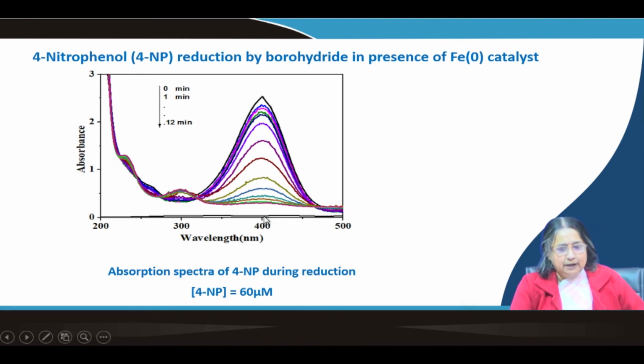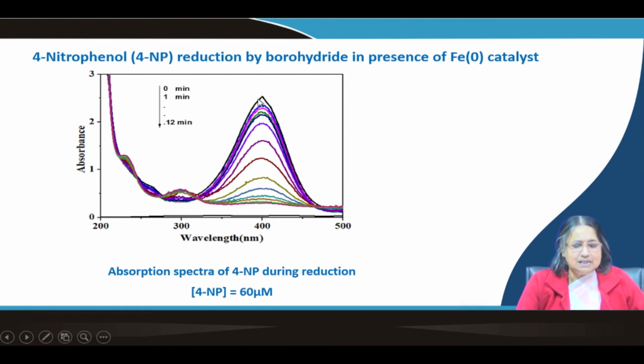Now, you see here nitrophenolate is reduced to aminophenolate. Aminophenolate has no such absorption here, but the aminophenolate absorption occurs here. This position we are not very much interested in, we are interested in here.